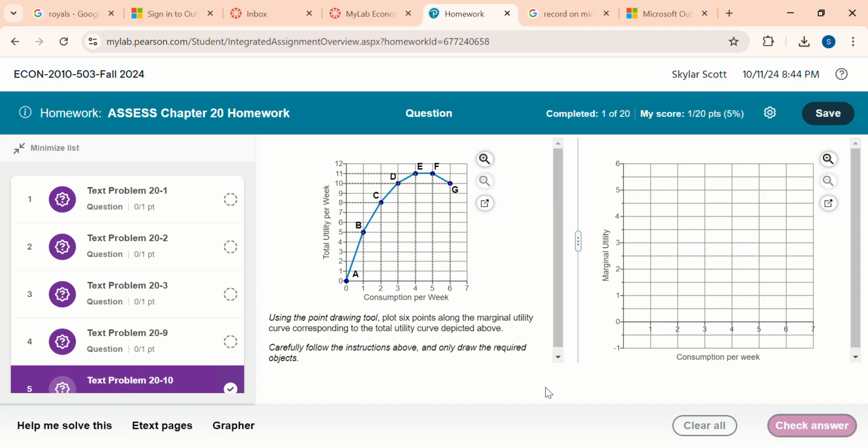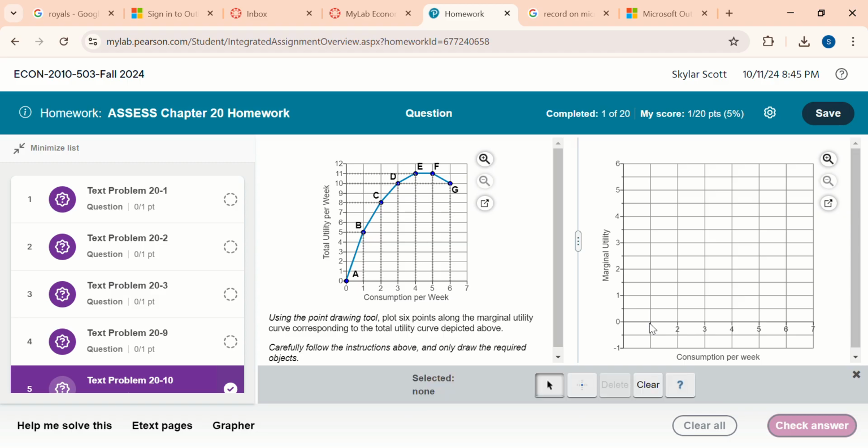So, when the individual consumes 0 of a given good to 1, their total utility goes up 5 from that 1 consumption unit. What we're going to do then is plot from 0 to 1 all the way up to 5.